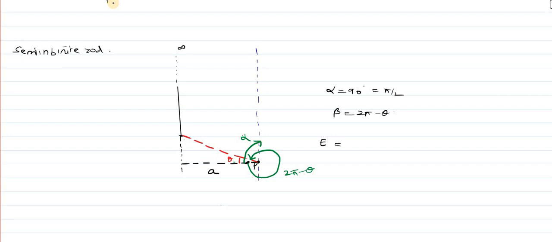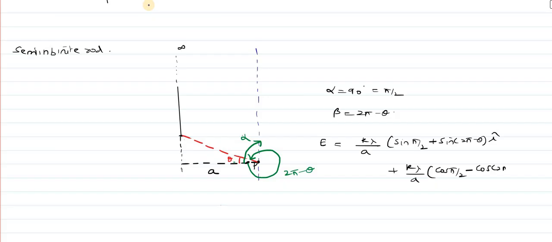Electric field will be equal to, for semi-infinite, k lambda by A, sin 90 plus sin of 2 pi minus theta, into i cap, then again k lambda by A, cos 90 minus cos of 2 pi minus theta, into j cap, correct? So E will be equal to k lambda by A, sin 90 is 1, minus sin theta, into i cap. Sin of 2 pi minus theta is what? Fourth quadrant, which can be written as minus sin theta.